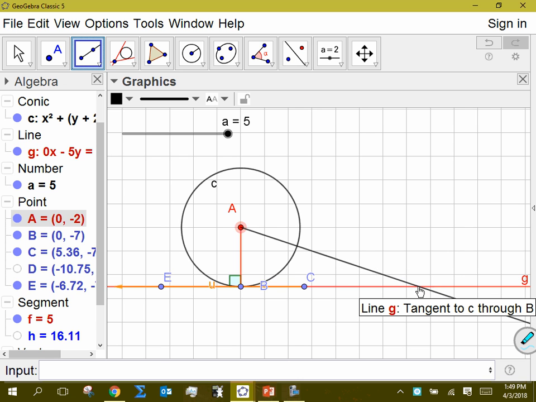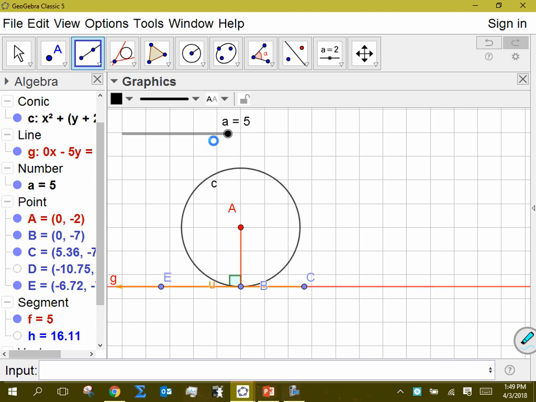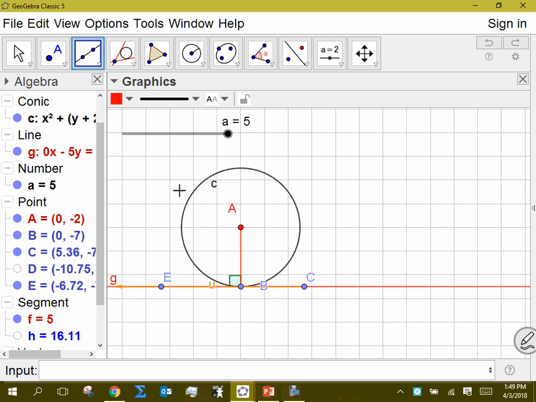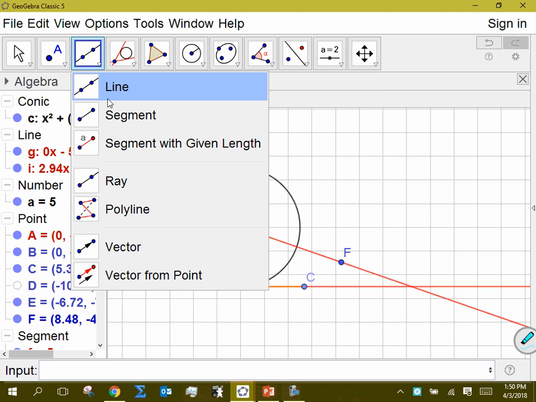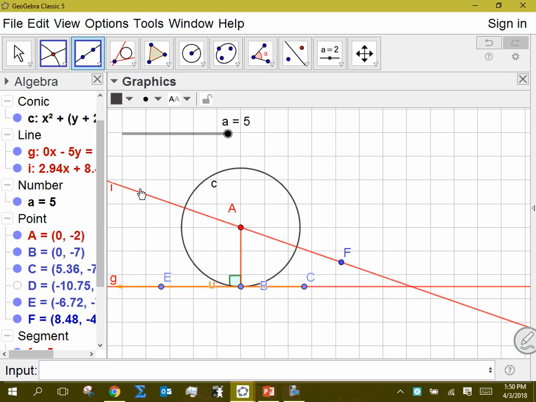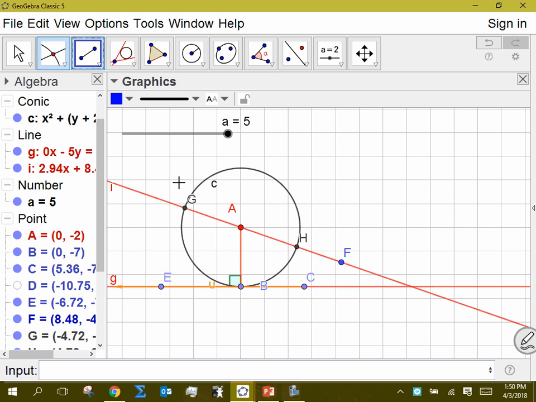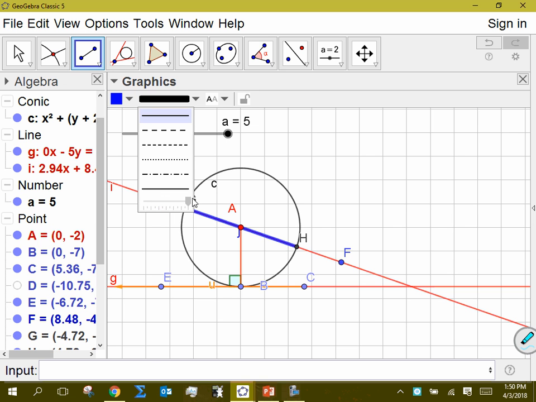So I draw that ray, but I'm actually going to do it this way, because instead of a ray, let's use the entire line. What do you guys know that line is referred to as for a circle? Or maybe not that line, but that segment there is a what, Carter?